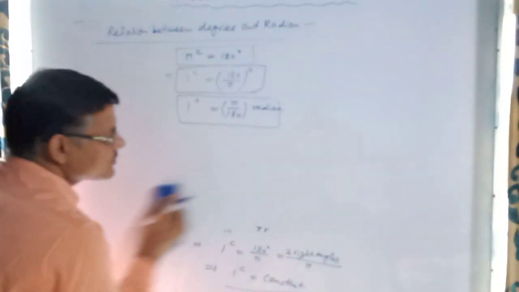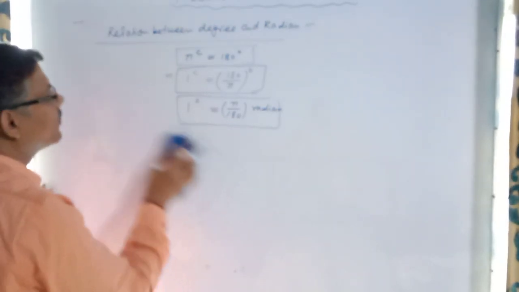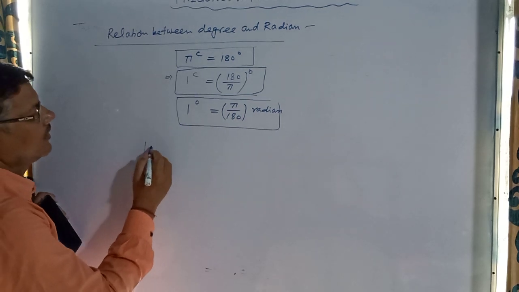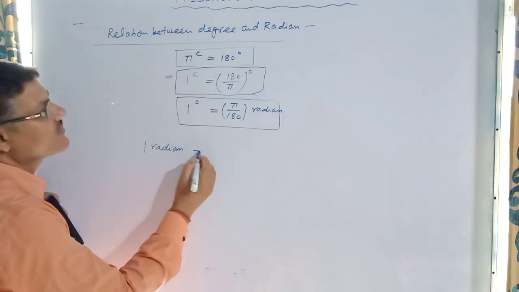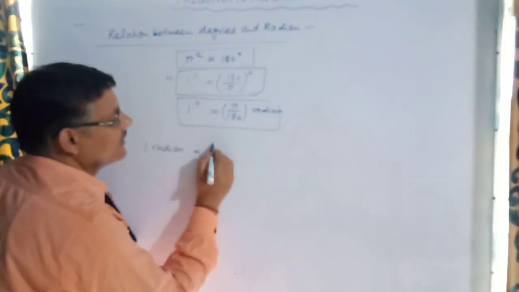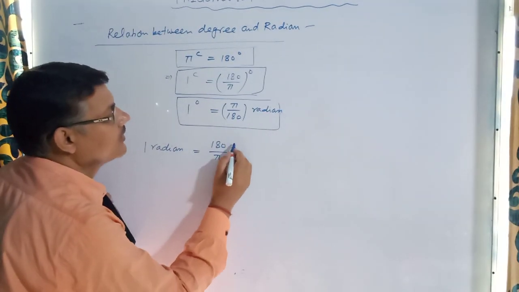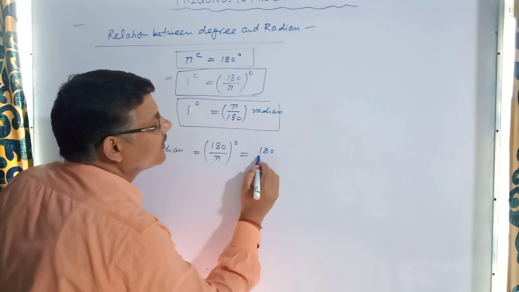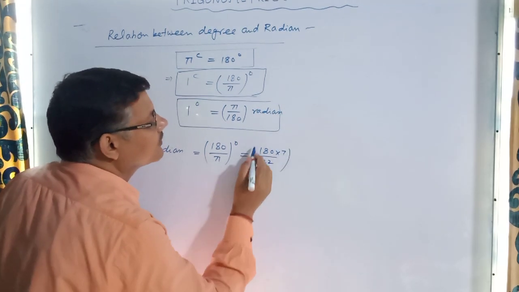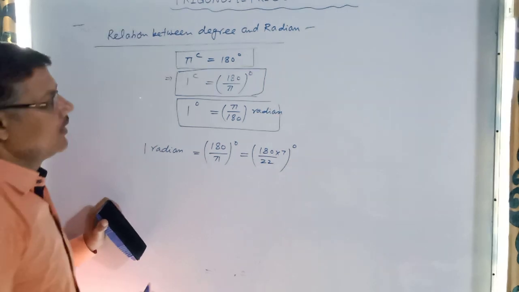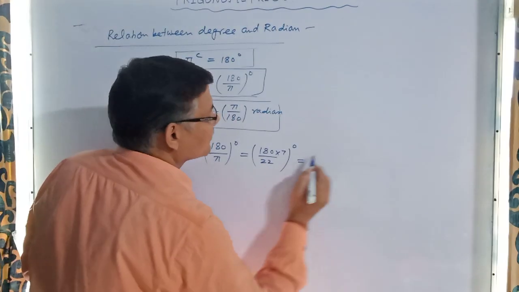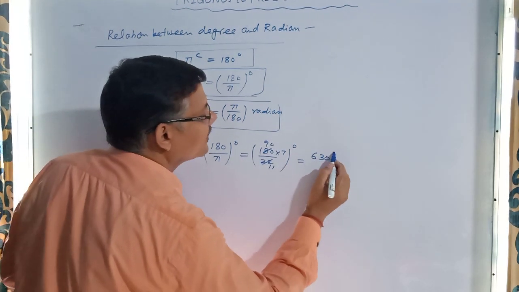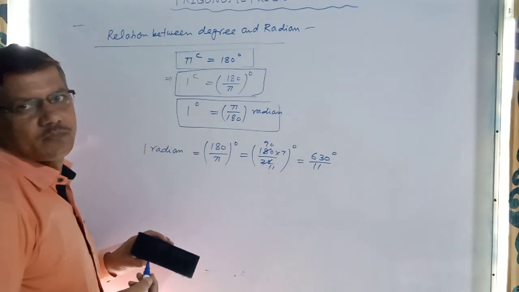Now we wish to find 1 radian equal to how many degrees. So I start from here: 1 radian is equal to, by this definition, 180 by pi degree. When I change pi as 22 by 7, then we get 180 into 7 by 22. Now dividing by 2, it is 90 into 7 by 11, so 630 by 11 degree.